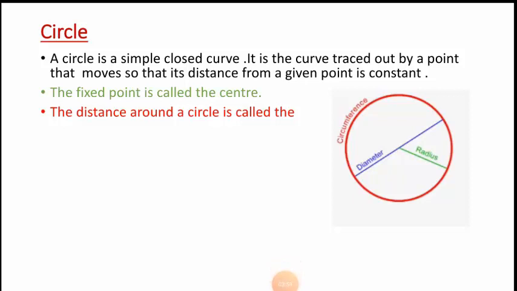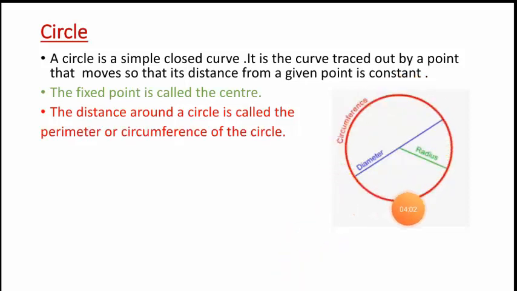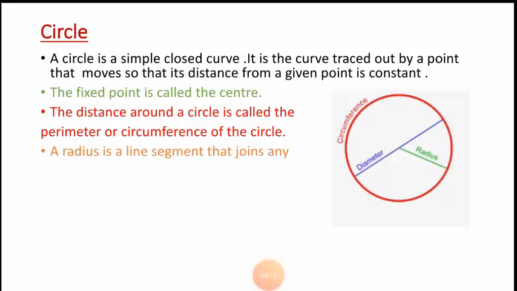After the center of the circle, another term is circumference. The distance around a circle, or the length of the boundary of a circle, is called the circumference or perimeter of the circle. Now another term is radii. We have learned that the radius is the distance between the center of a circle and any point on it.